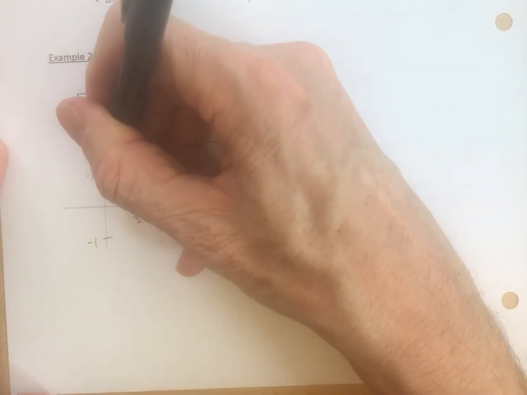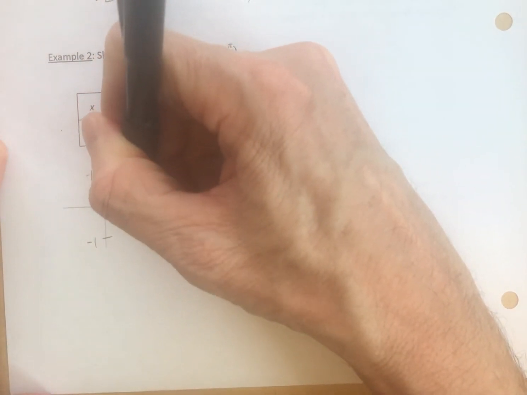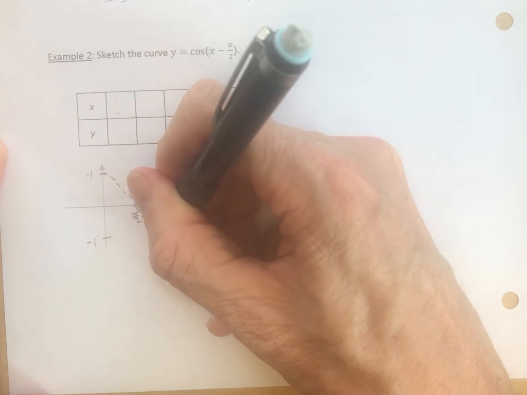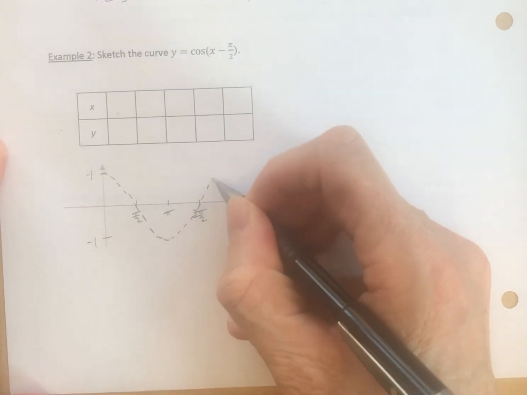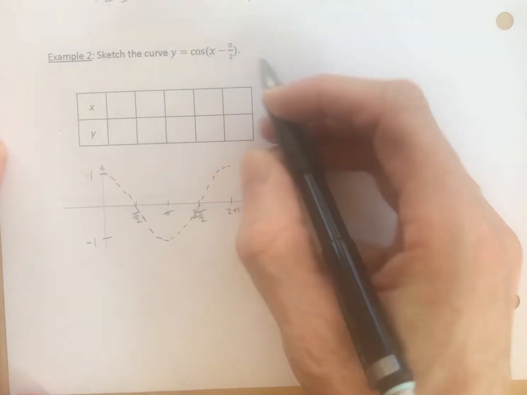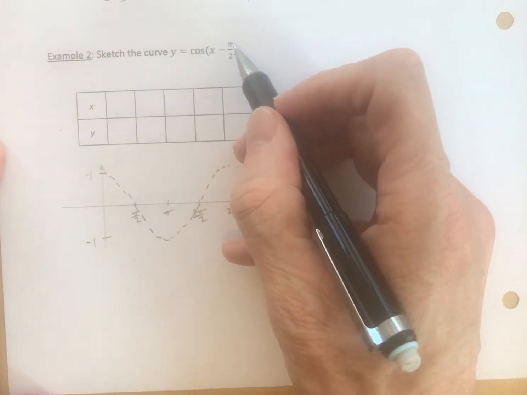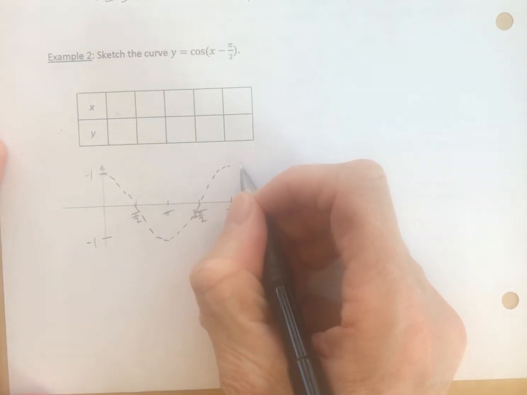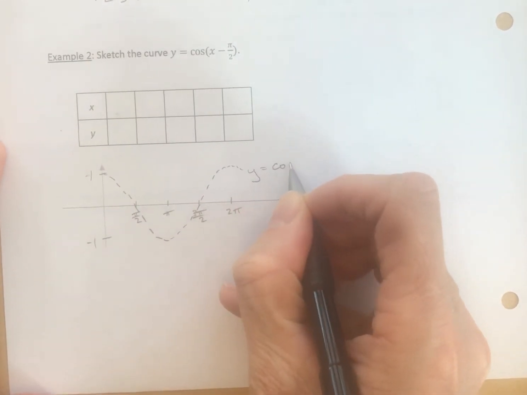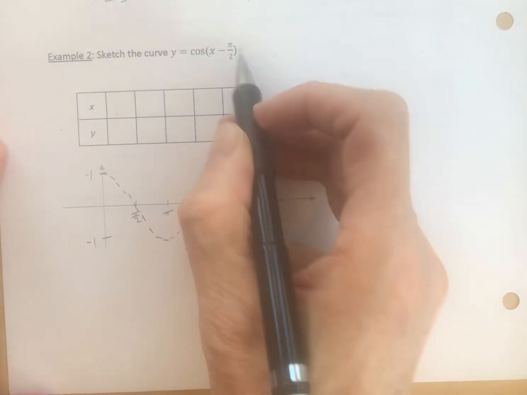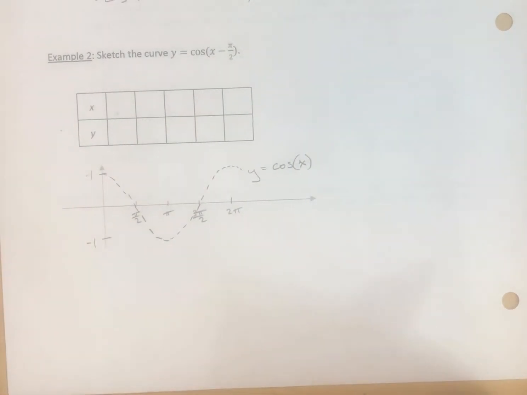And so I will again draw a dashed line to indicate the function without the extra piece being added or subtracted. So this is y equals the cosine of x, without this minus square root of 2 in it.